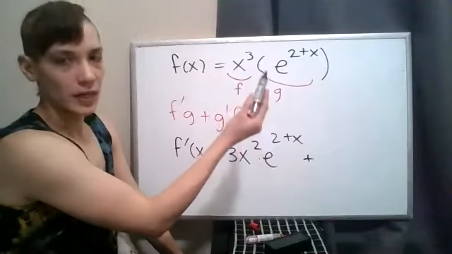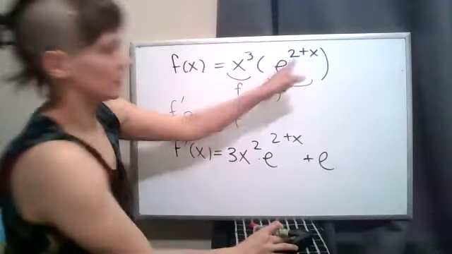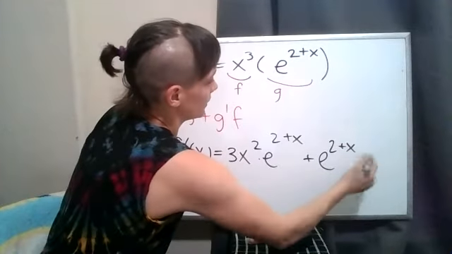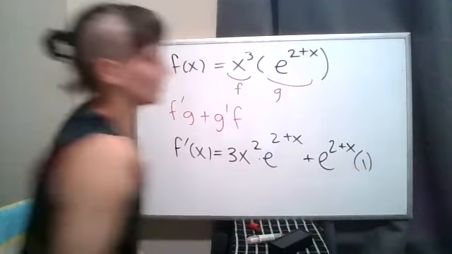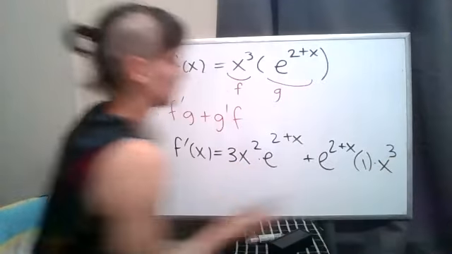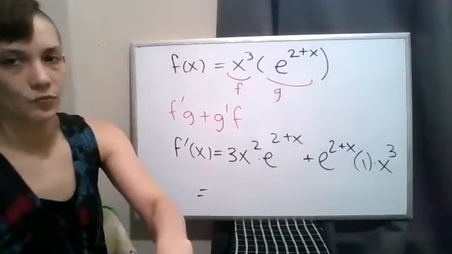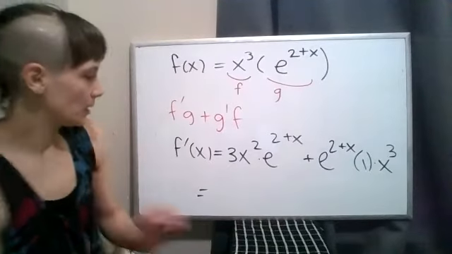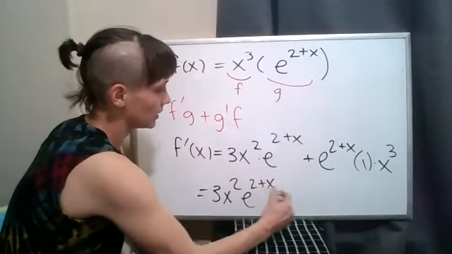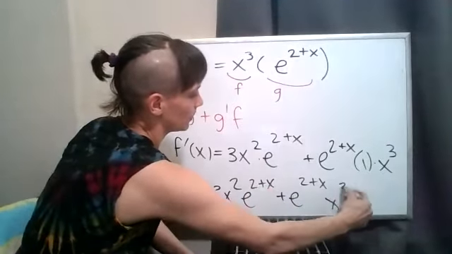So e to whatever power stays as e to that power, and then you multiply by the derivative of the inside, which is in the power, which is just going to be 1, times x cubed. All right. 3x squared e to the 2 plus x plus e to the 2 plus x times x cubed.